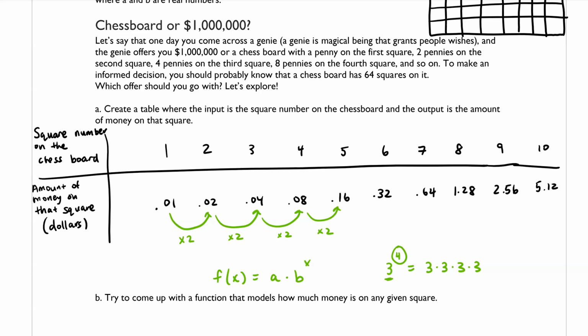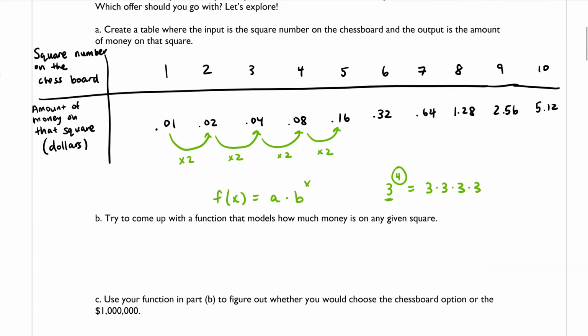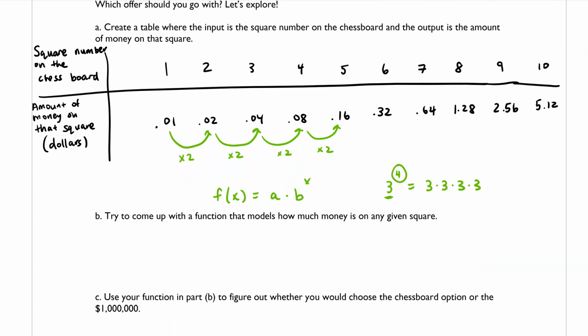So it turns out that in an exponential function, if our output values are doubling, what that means is in our function, our b value is going to be 2, because it's kind of like the equivalent of the slope in a linear function, but instead of adding, here we are multiplying.